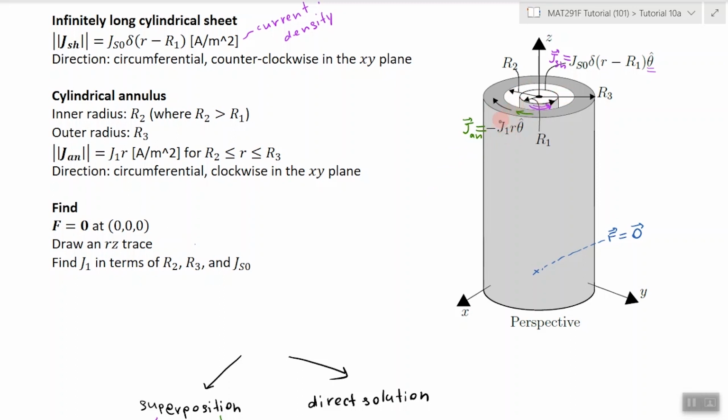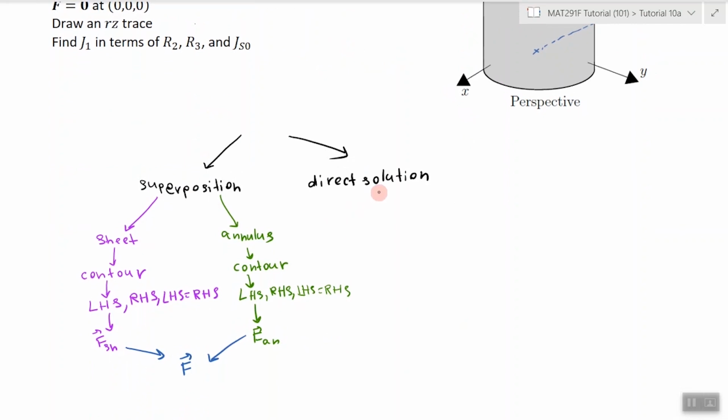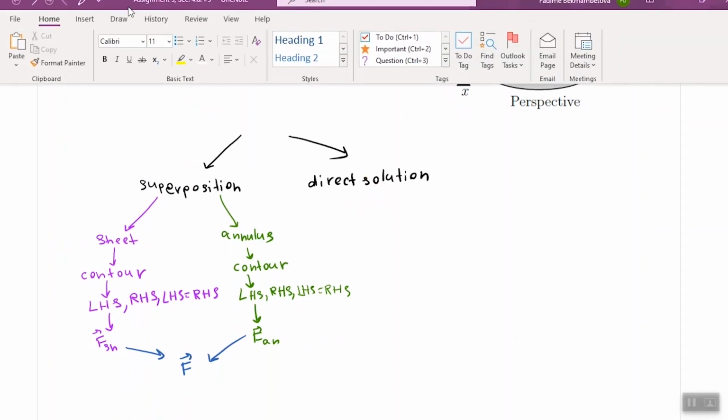And also both the current flux density magnitude and the field magnitude is only dependent on the distance from the z-axis. So the fact that these two objects have the same kind of symmetry lets you just directly set up the Amperian contour.